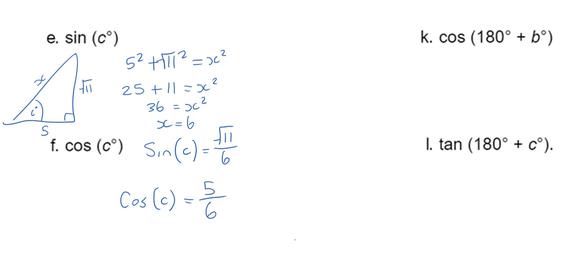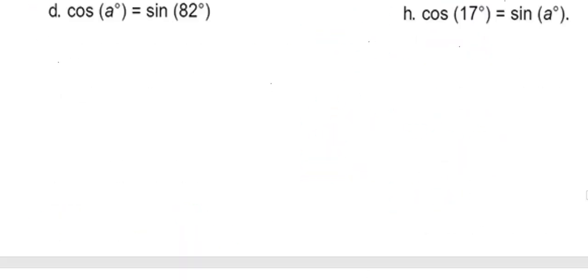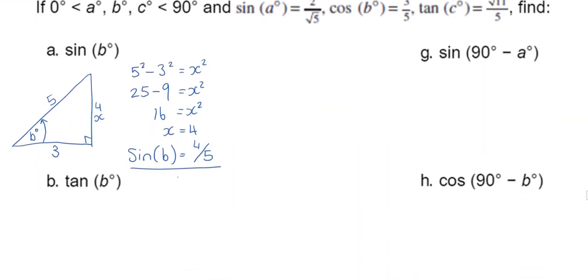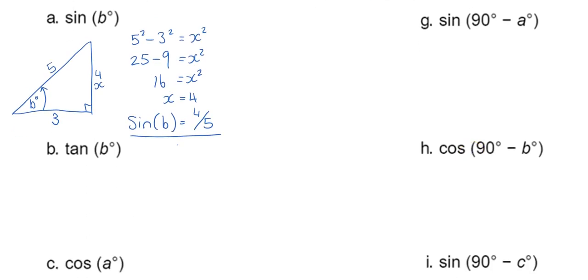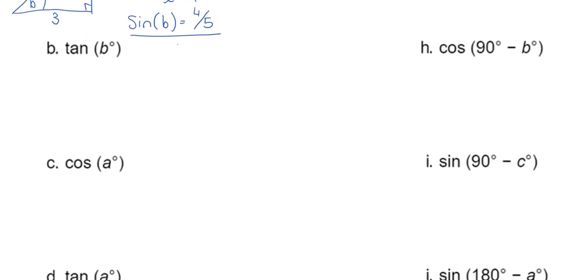Okay, another one that you might get, what angles have we done? We've done B. So let's go cos of 90 minus B is another kind of one you might get. So let's draw a picture. So if we're looking at a unit circle, we're going to go 90 degrees and then we're going to come back B degrees.